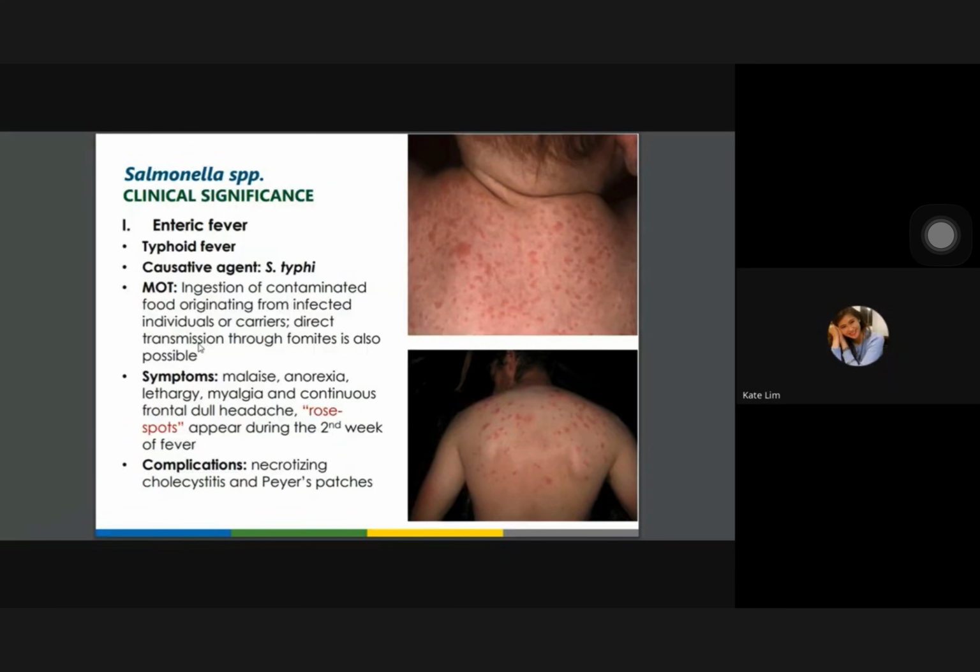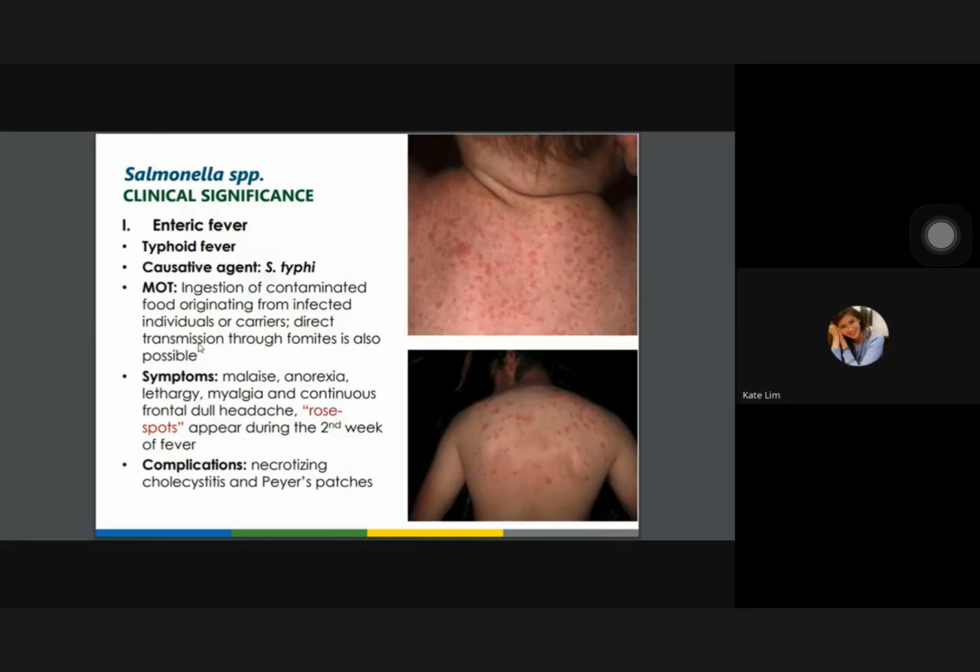It is also very possible that you get this from surfaces or objects that have been contaminated by someone carrying the bacteria. As I have been discussing, your Salmonella typhi can be transmitted from person to person. It has no animal reservoir, meaning the level of infectivity is actually high. You could get this from another infected person.